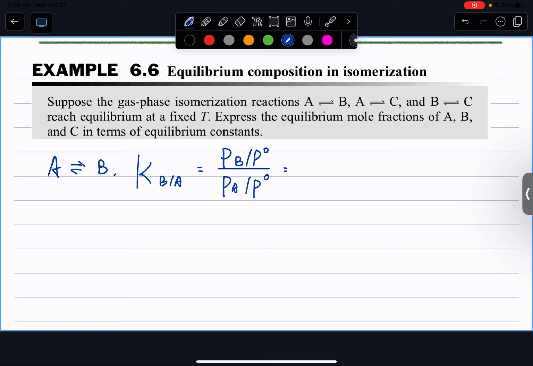And for ideal gases, we can express them as your mole fraction chi B times P over P naught, divided by chi A times P over P naught.